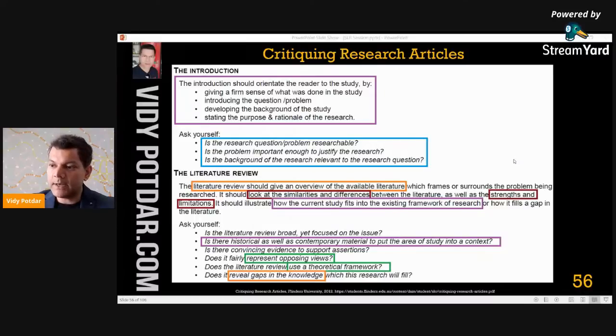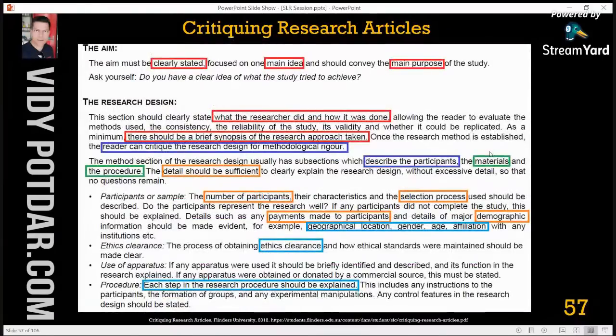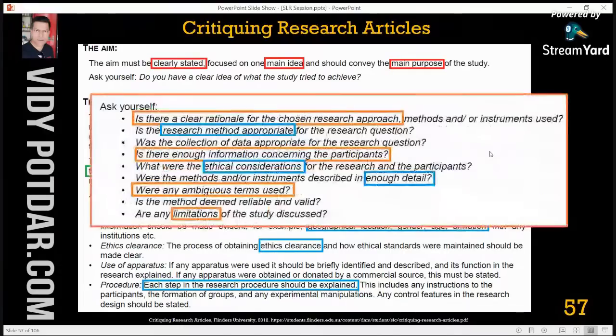So you can continue, you can do this for the whole of the paper. I mean, each and every section you can criticize. So you can criticize the aim of the paper, the research design that they have implemented or used, by asking these questions.